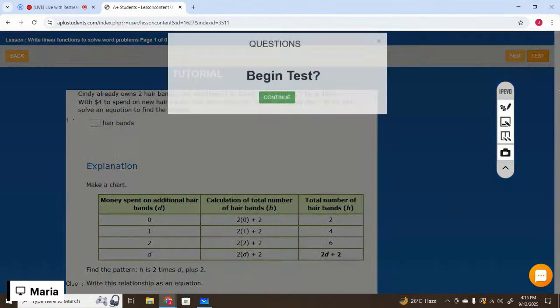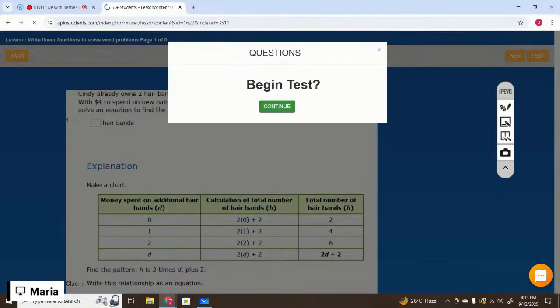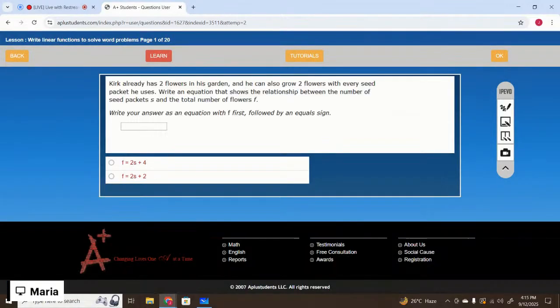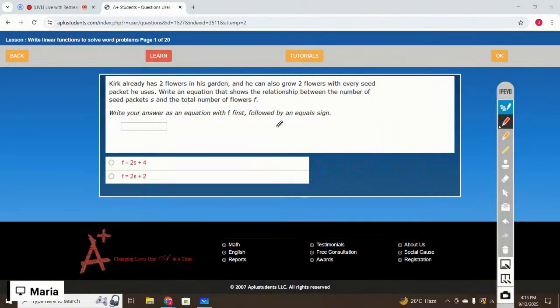Let's just start with the test questions. Kirk already has two flowers in his garden, and he can also grow two flowers with every seed packet he uses.